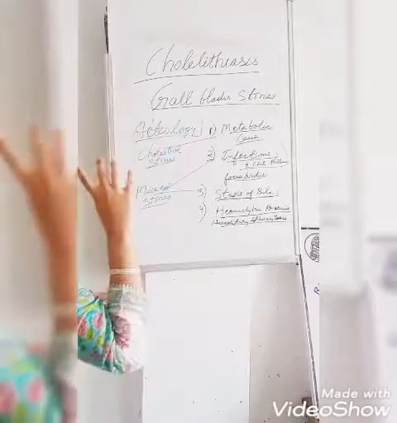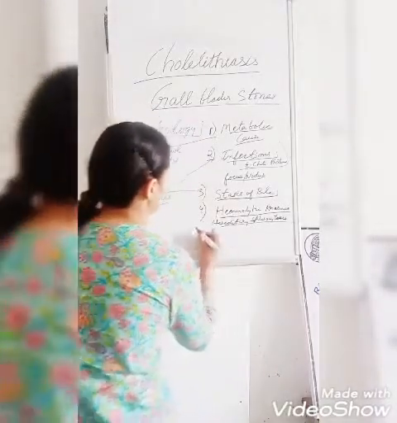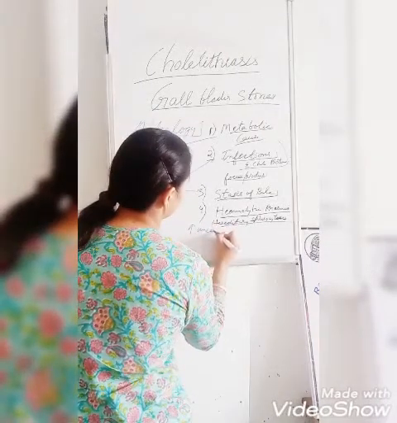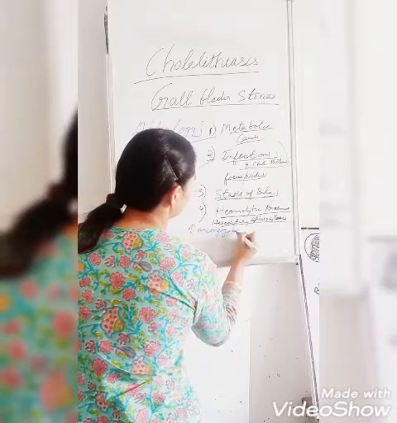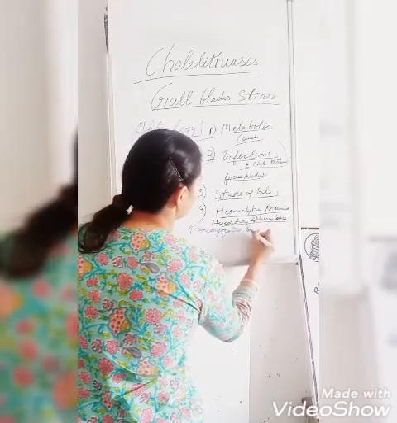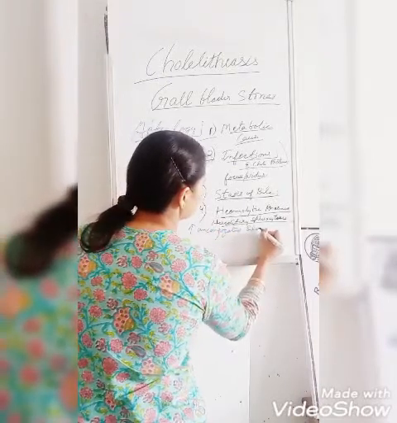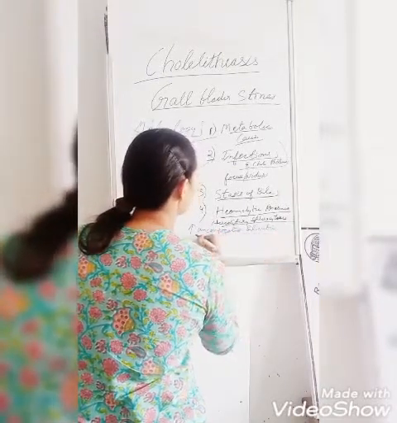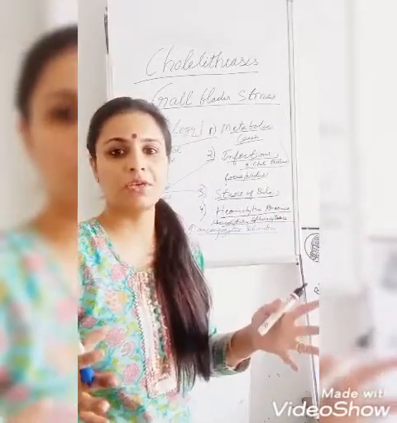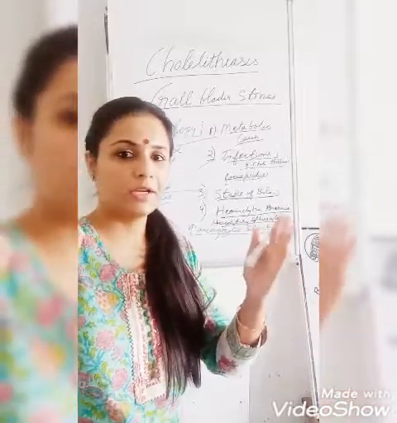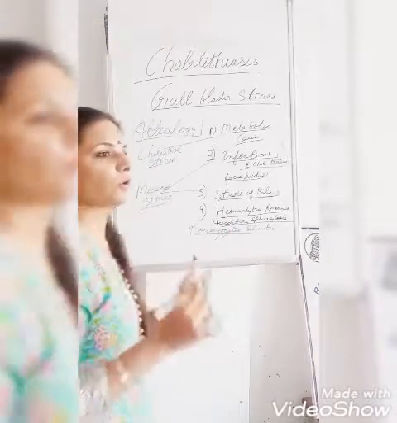So with more unconjugated bilirubin, there will be an excess of unconjugated bilirubin, and it will not be able to conjugate with the glucuronic acid.